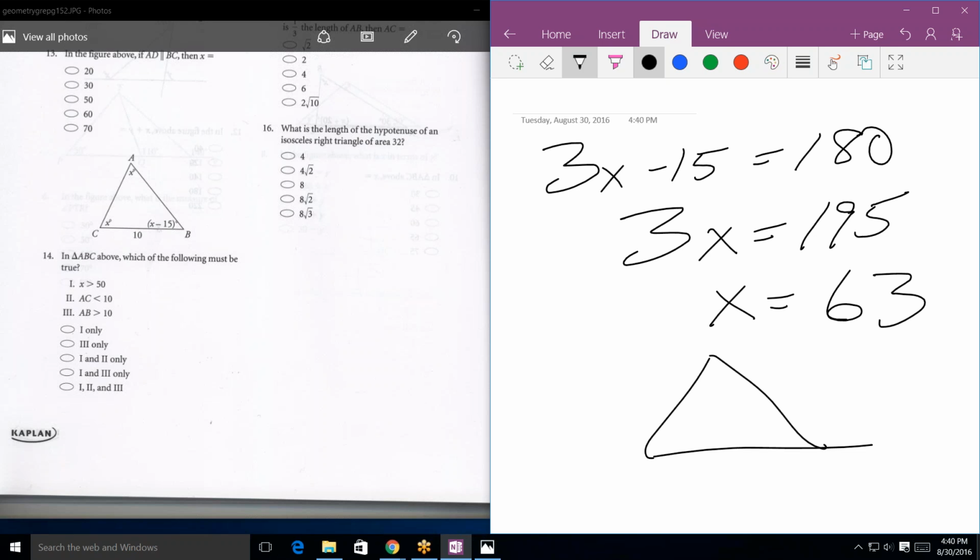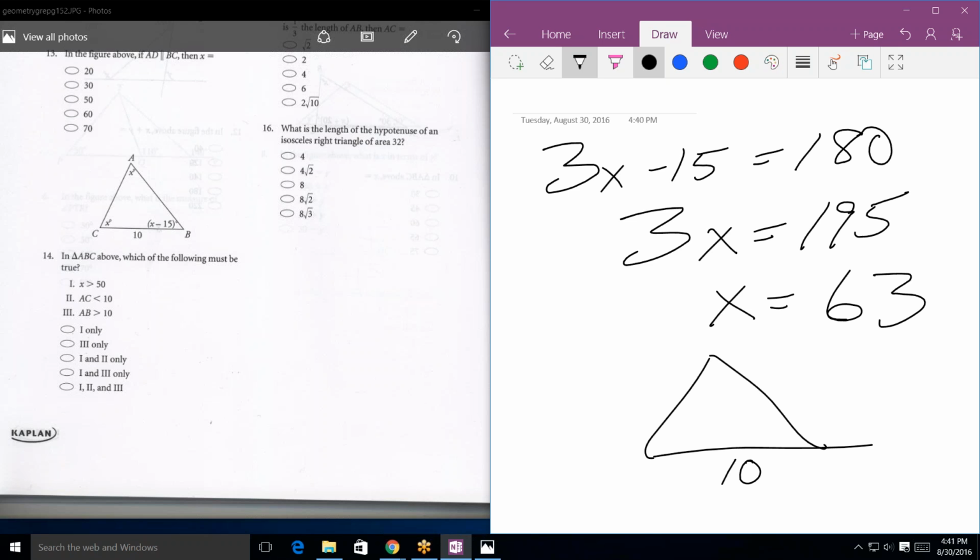Wait. So 3 times 63 equals 189, not 195. Right, but it's 3x minus 15 that's equal to 180. Oh, okay. In other words, each of these angles is not 63. This one's 63, that one's 63.